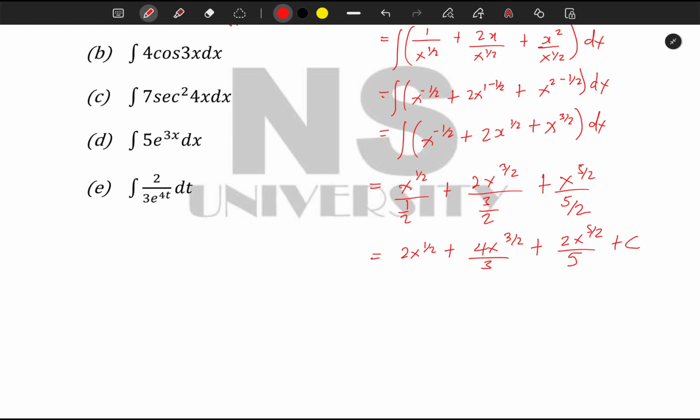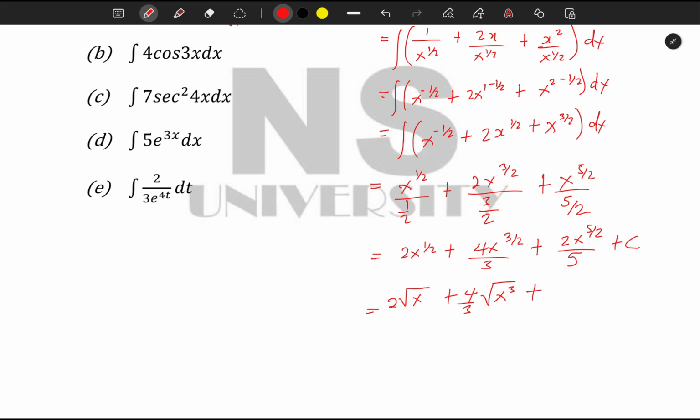Well, if you know what you are doing, you can further say power half is just root of x, plus this is just the square root of x to the power 3. So we get 4 over 3 multiplied by the square root of x to the power 3.